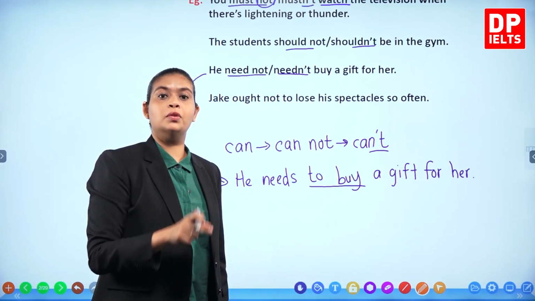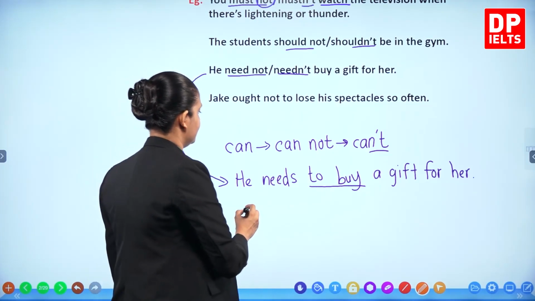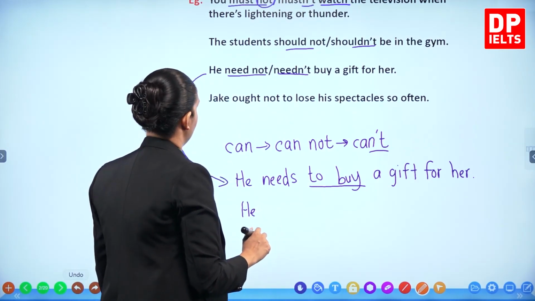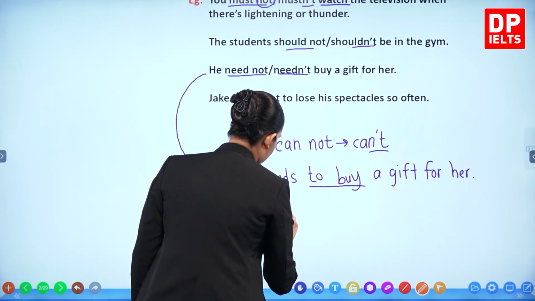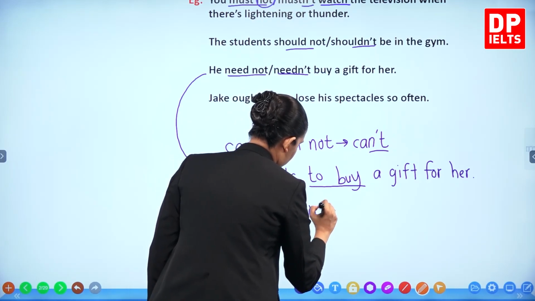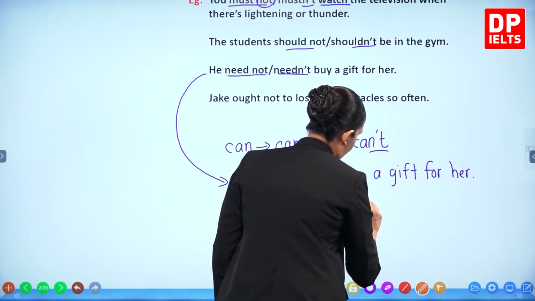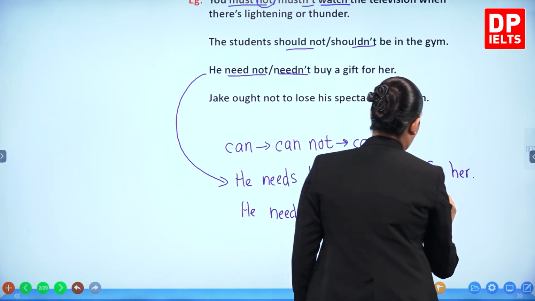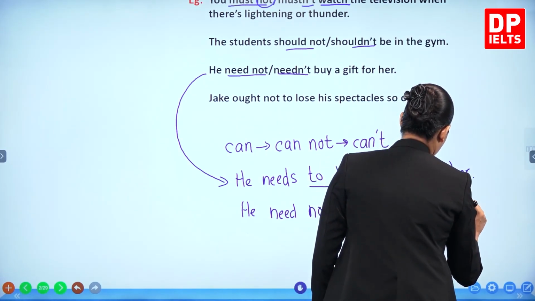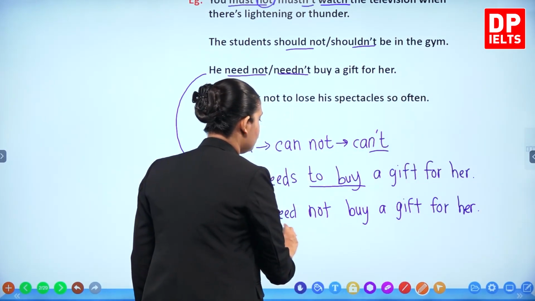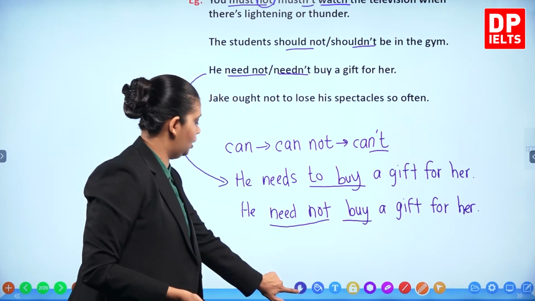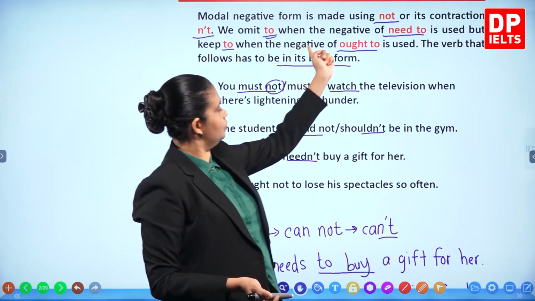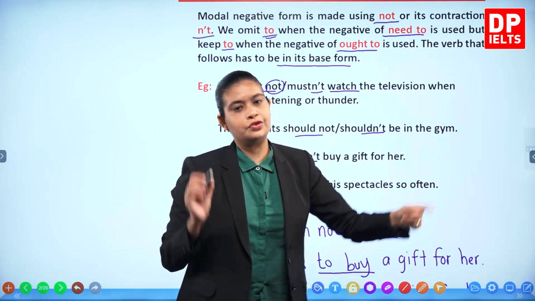But when we write the negative sentence, he need not buy a gift for her. Need not buy. Can you see the rule here? We omit to when the negative of need to is used.